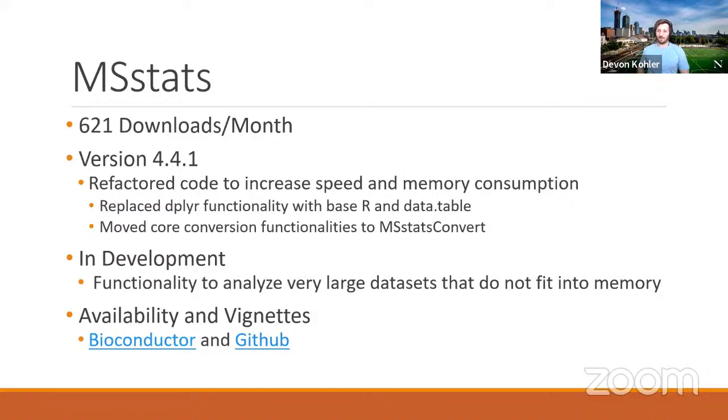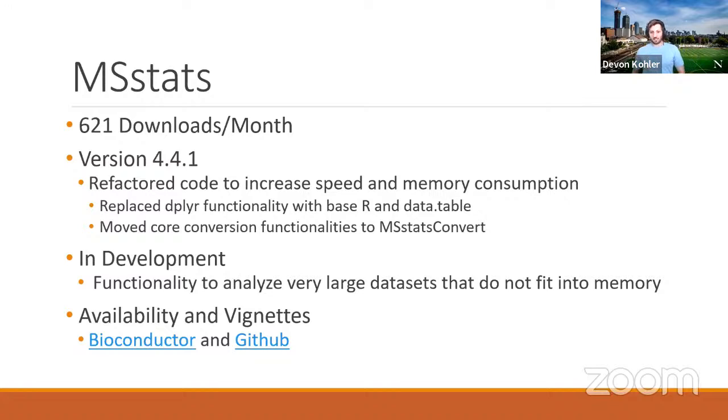How we did this was replace a lot of the tidyverse or dplyr functionality with base R and data table functionalities. And we also moved a lot of the core conversion functionalities to MSstatsConvert, which helped us share those conversion functions between packages.